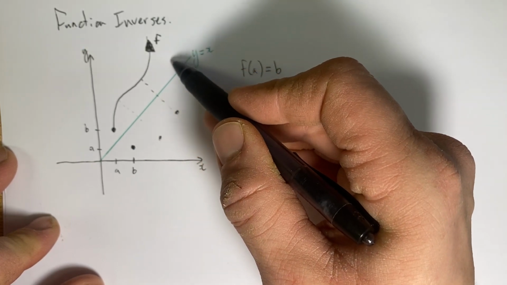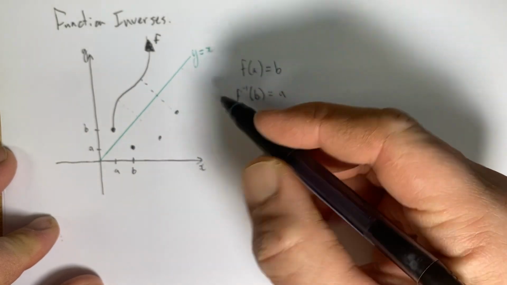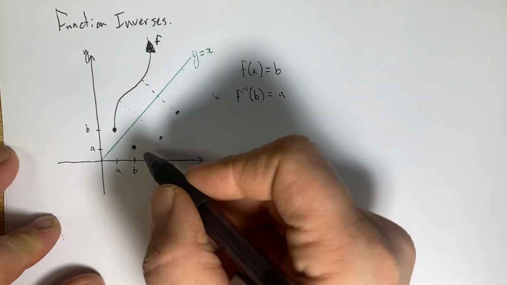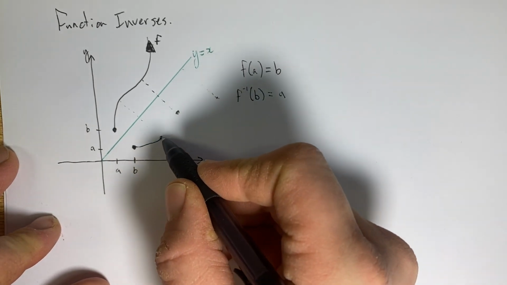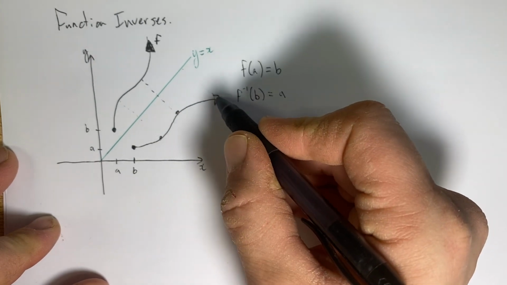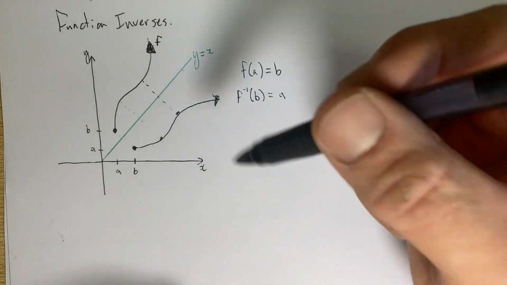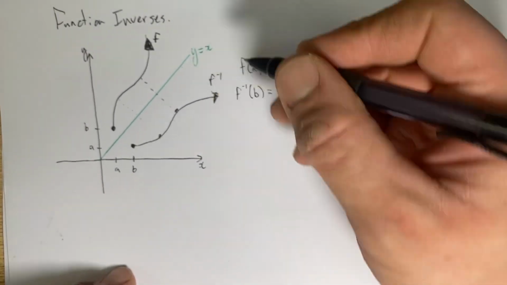So it's probably going to go infinitely horizontal, probably somewhere right there. So I'll try and draw this as smoothly as I can. And I think I did a pretty good sketch of it. So this would be the function f, and this would be the function f inverse.